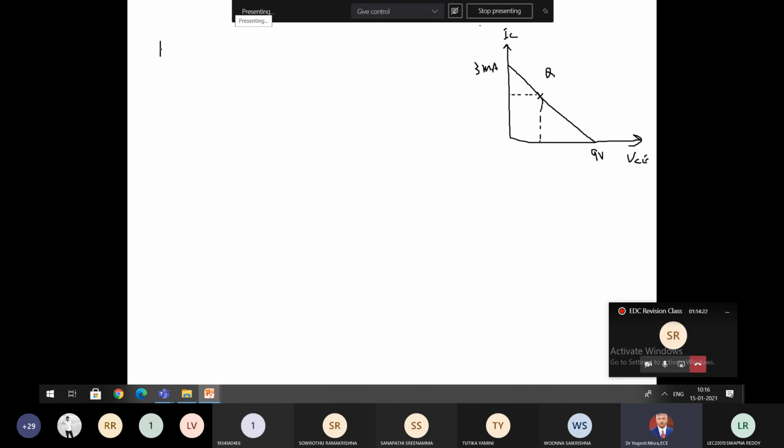So now we will apply KVL in the base emitter loop, right? So we will get VCC minus IB RB minus VBE is equal to 0, right?